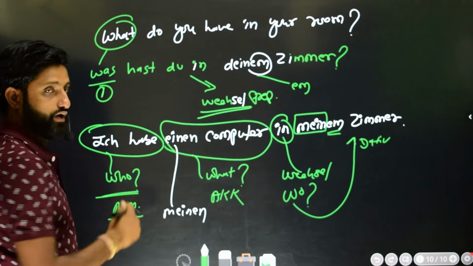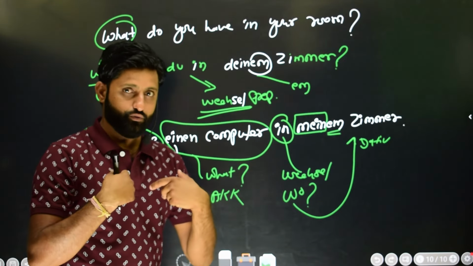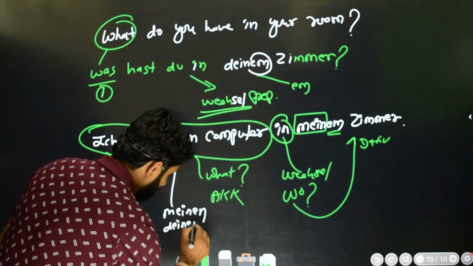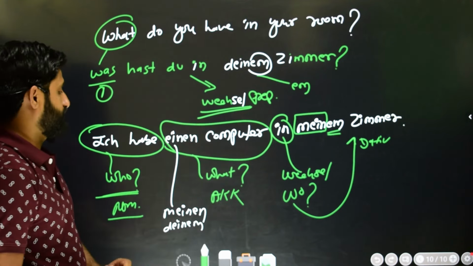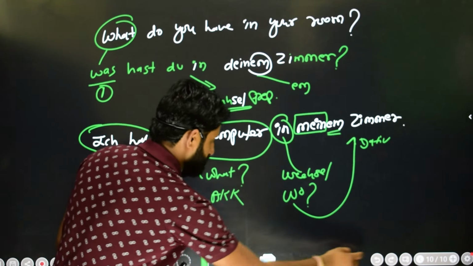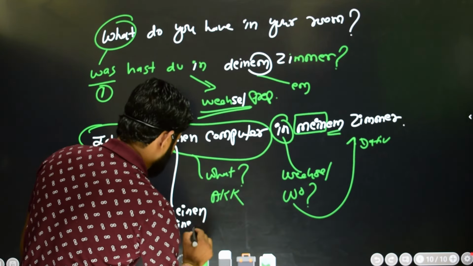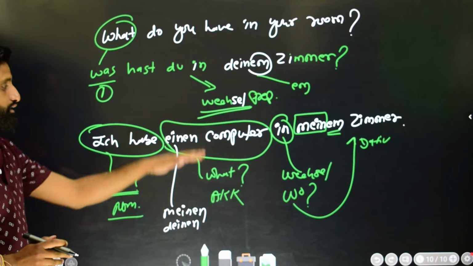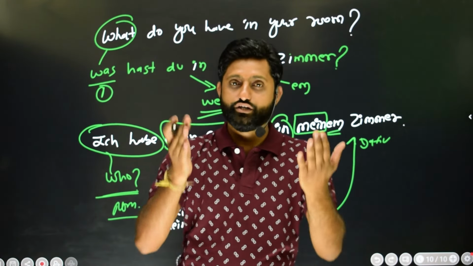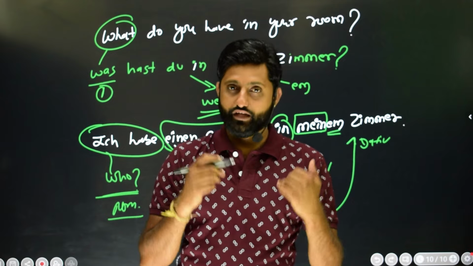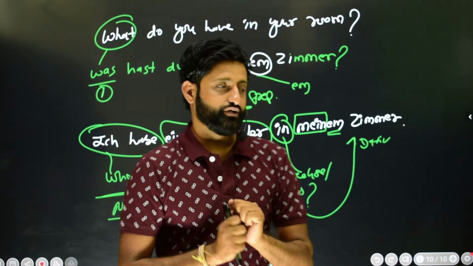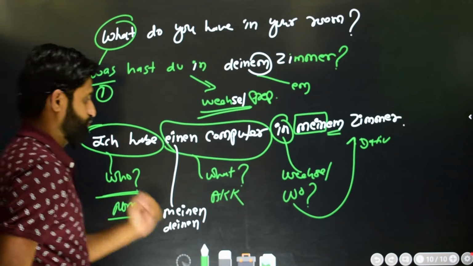If I have your computer in my room, then it will be ich habe deinen Computer in meinem Zimmer. So it will be deinen. If I have his computer in my room, then ich habe seinen Computer in meinem Zimmer. So these are the possessive articles.